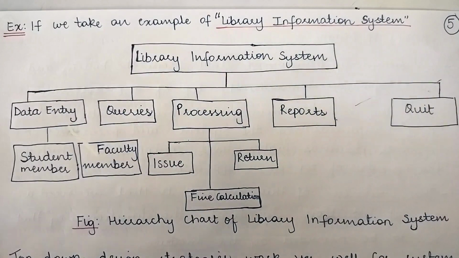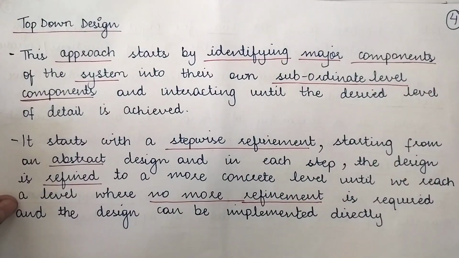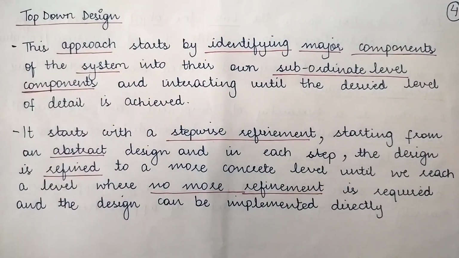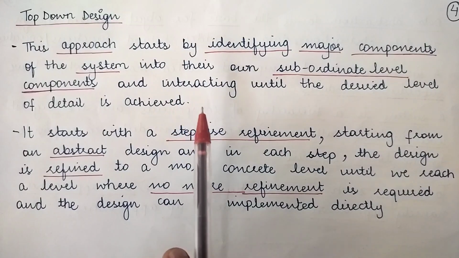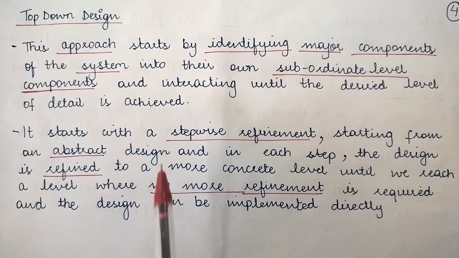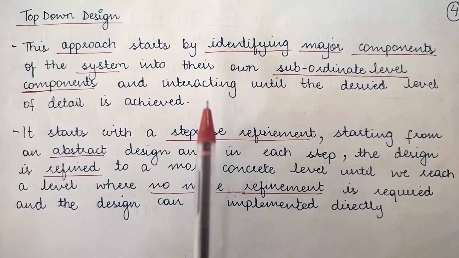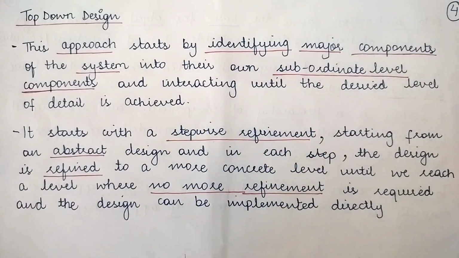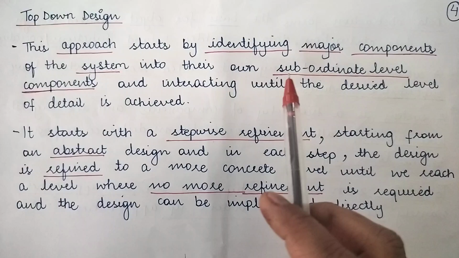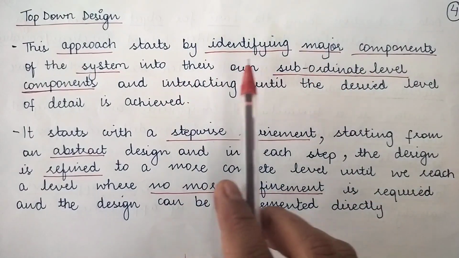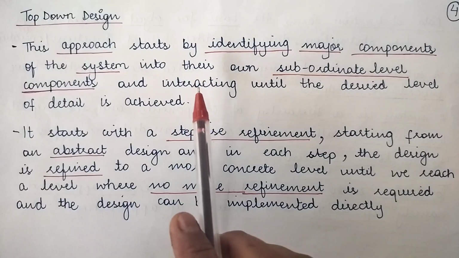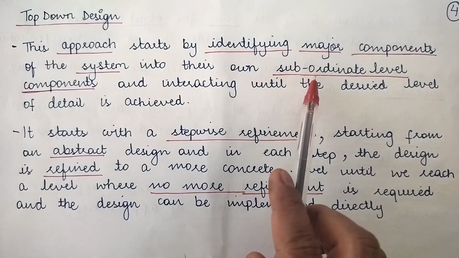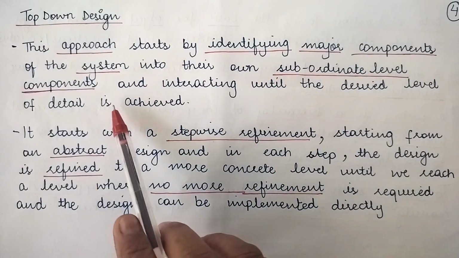Now, if we talk of the top-down design approach, this approach starts by identifying the major components of the system. Top-down means it starts from the top and ends at the bottom. At the top, as you know, is the superordinate module. So we identify the major components of the system starting from the main module, such that it is divided into its own subordinate level modules or components.